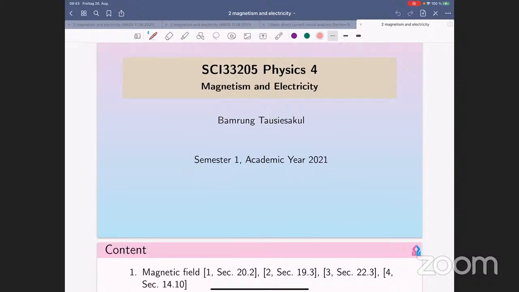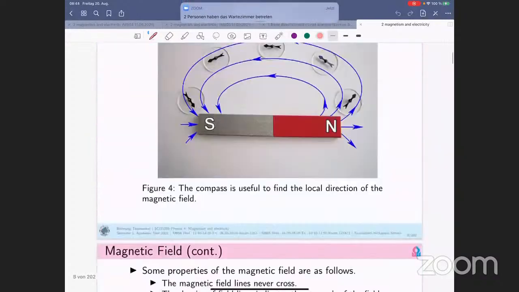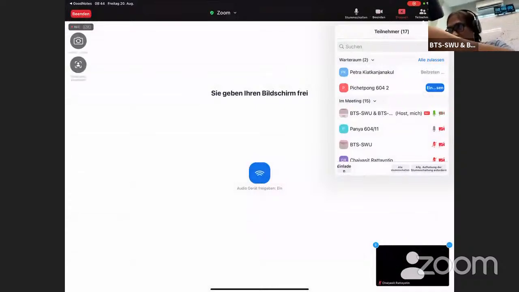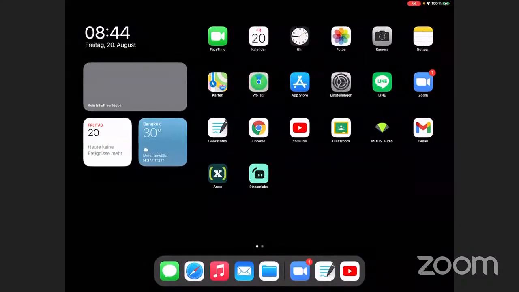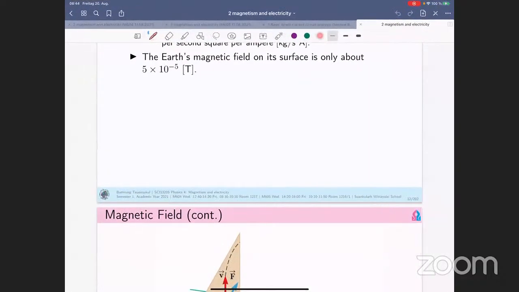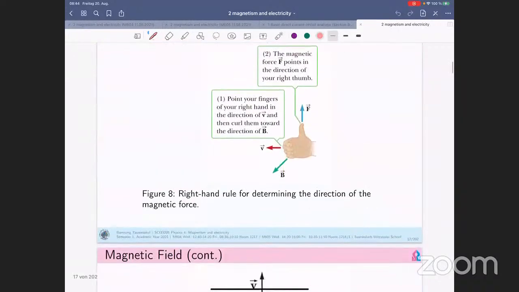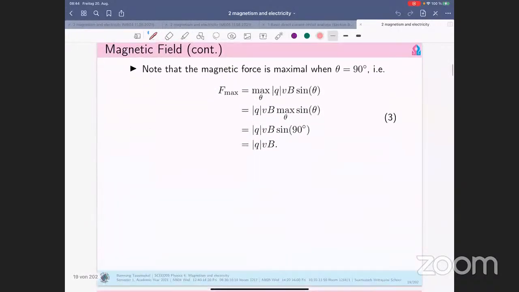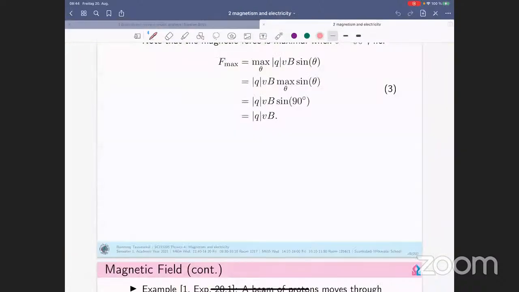All right, yeah. On which page? This one.